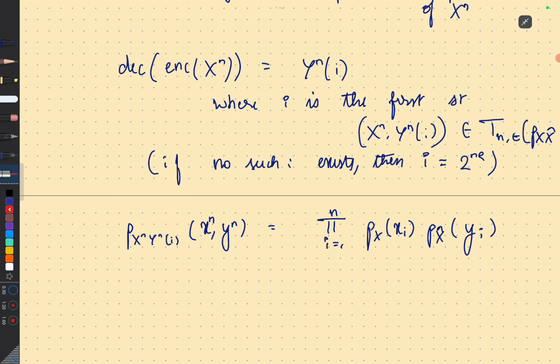If this pair was drawn according to Pxx hat, then it would mean that you're generating a code word depending on the realization of the source sequence. But you're not allowed to do that, because the decoder doesn't know the source sequence.